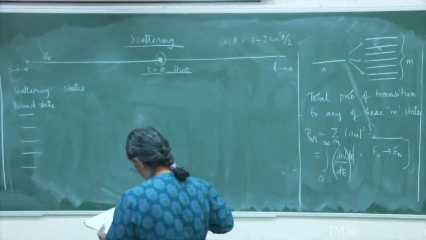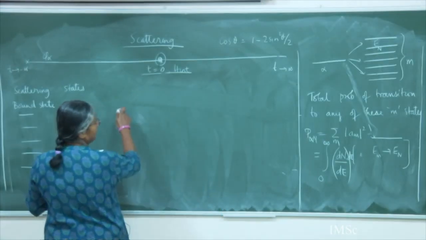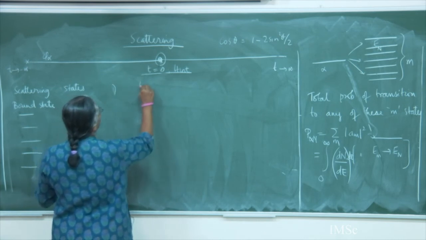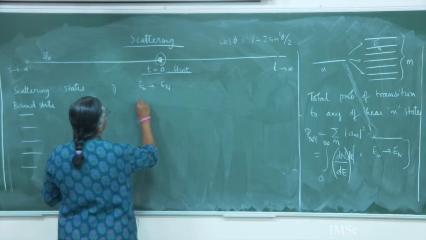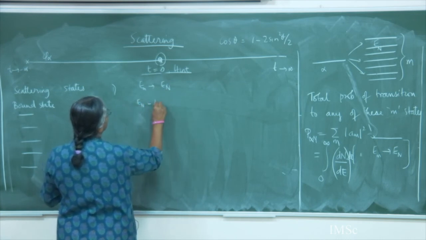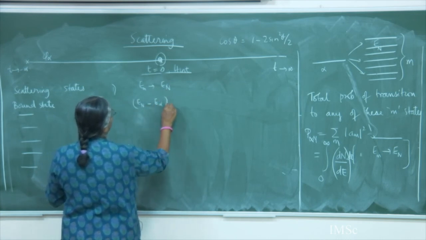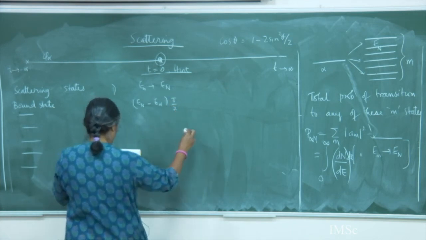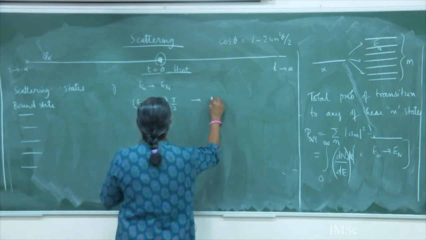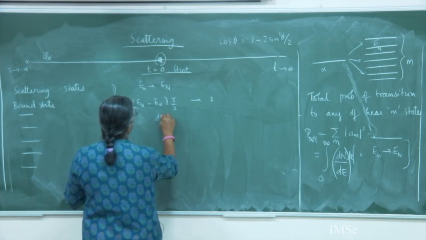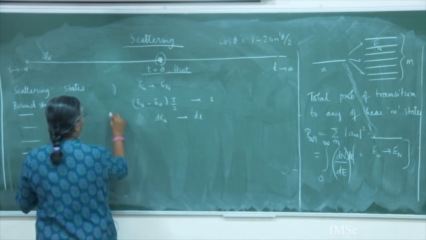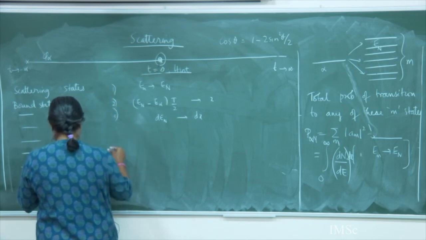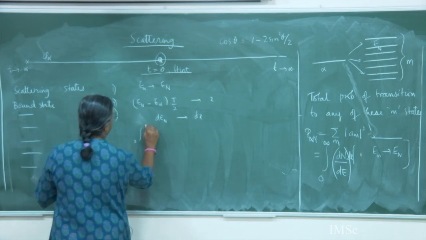The integration is... okay, so the steps I will tell you. I have Em goes to En, so I have a term which looks like En minus E alpha into T by 2. I will call it some x. Then I will convert dEn to dx, and then I will integrate 0 to infinity.